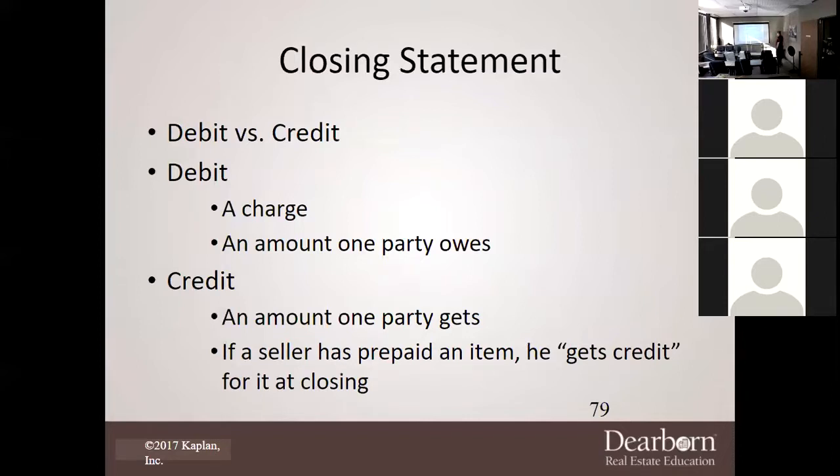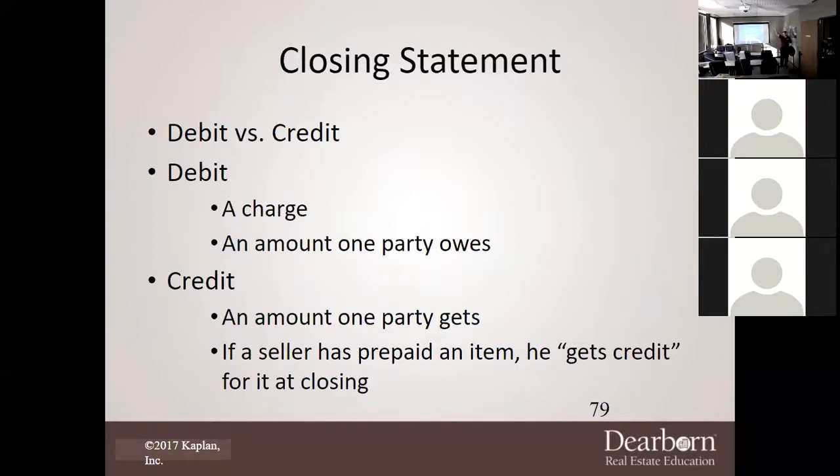Now, in regards to closing statements, Miss Linda, what is debit and credit? Debit is a debt, and a credit is something that you get. So a debit, if I have $100 and I debit $10, how much do I have, Mr. Eugene?